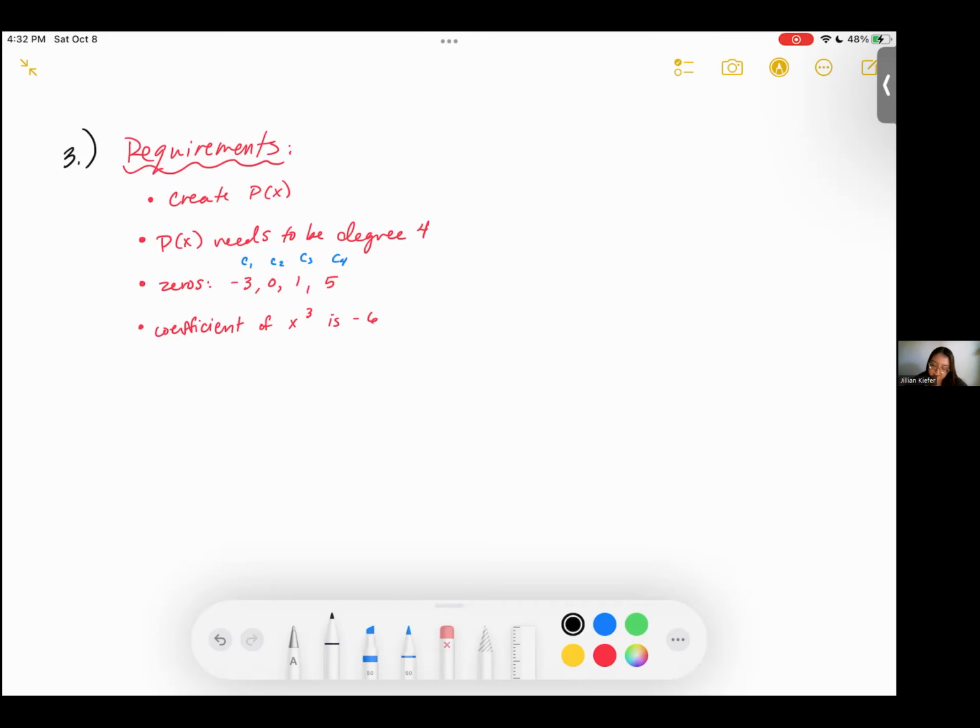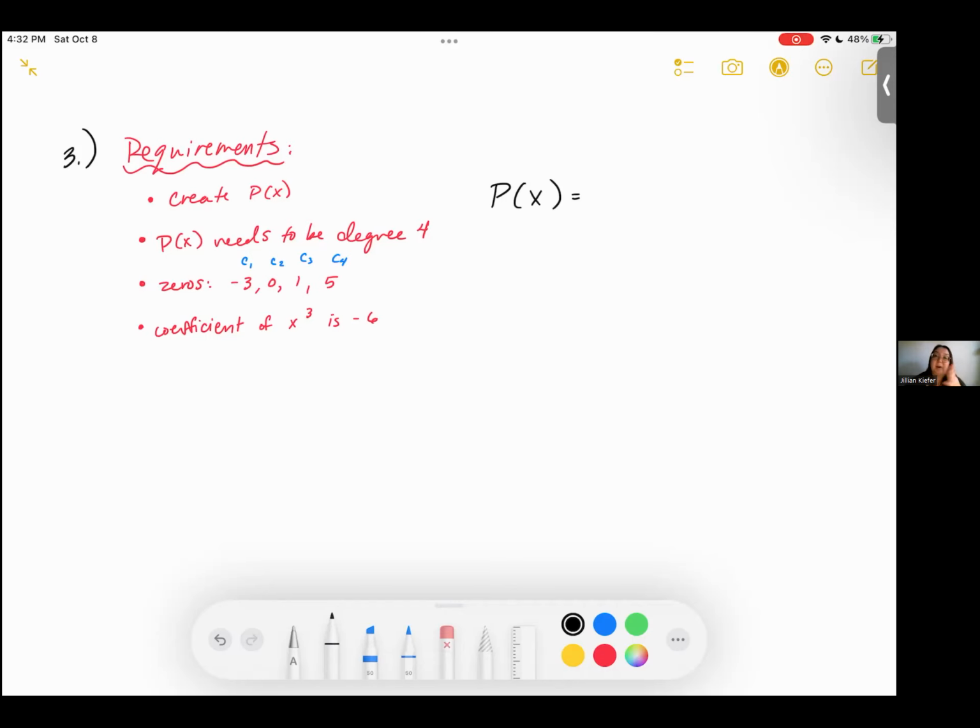So p of x is equal to each one of these values of c in factor form, multiplied together. So if -3 is a 0, which we called c sub 1, then x minus -3 is a factor.